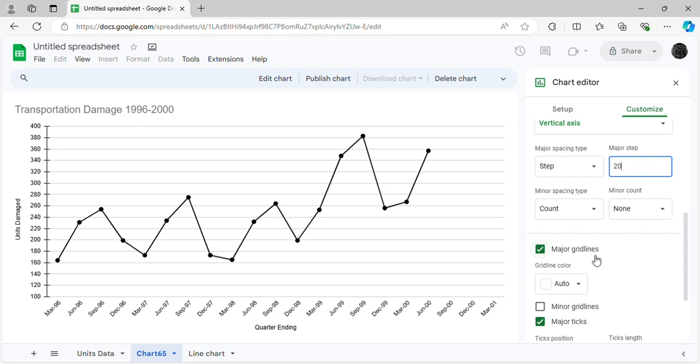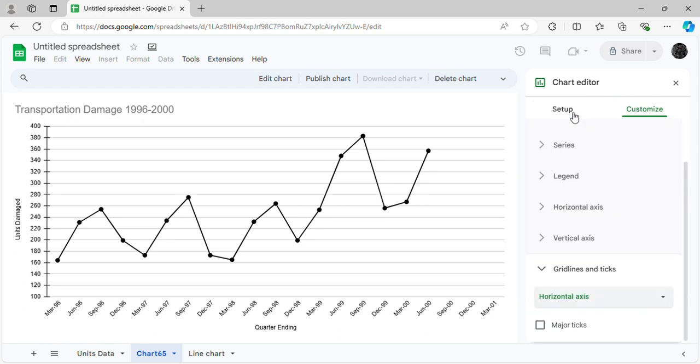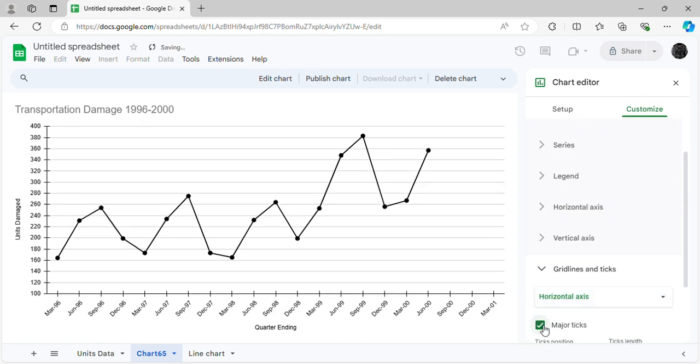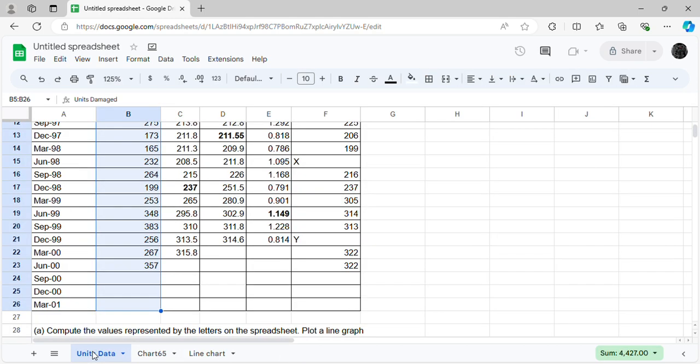And for the horizontal axis, let's show the major ticks as well. Okay. So the given data is up to June 2000.